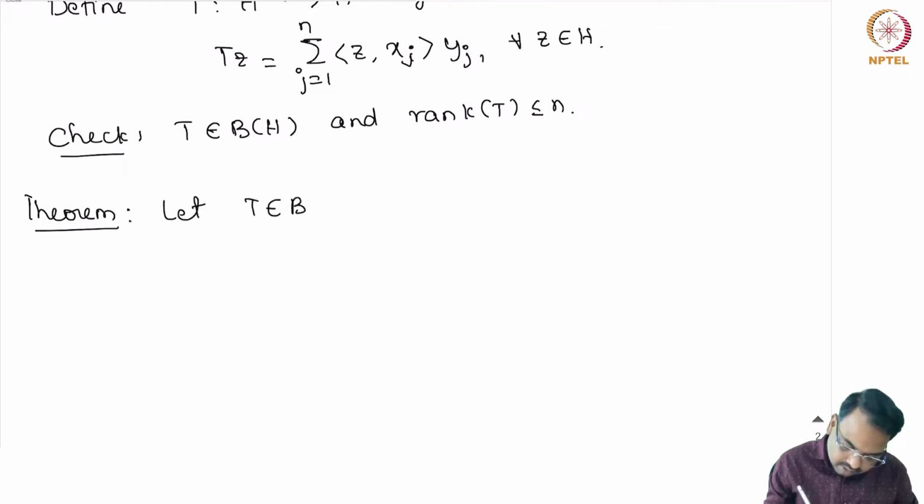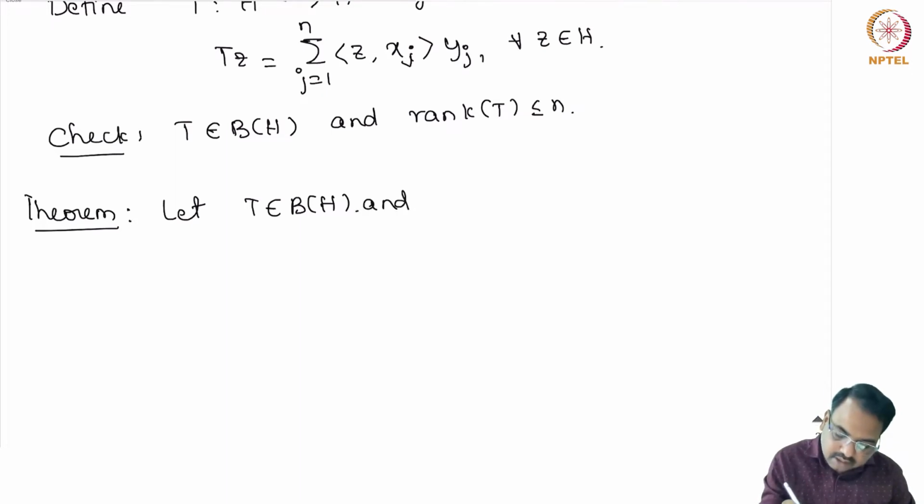Let T be a bounded linear operator on H, and the rank of T is exactly n.